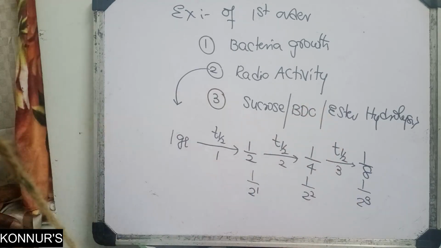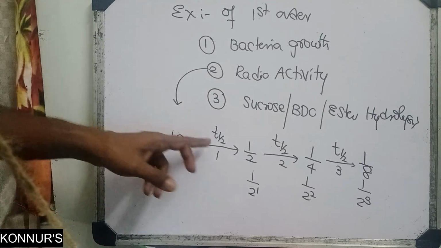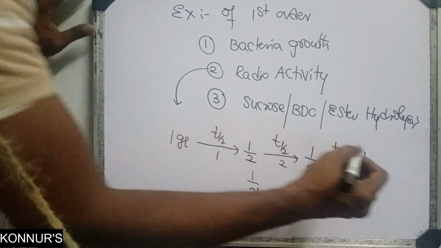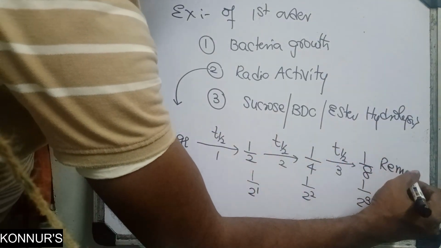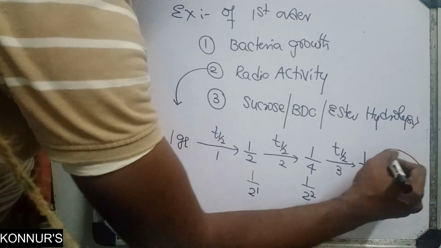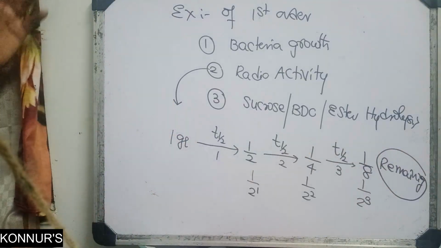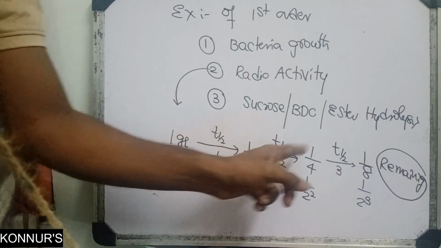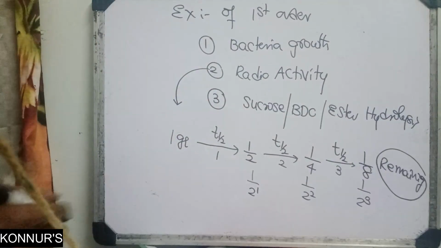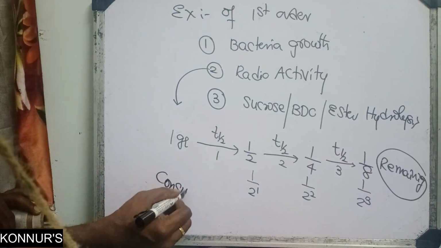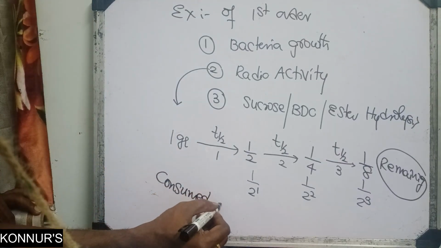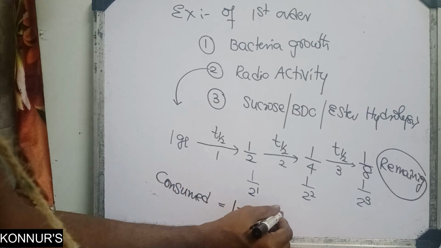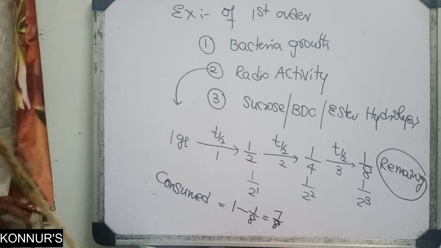In radioactivity they will ask: after 3 t halves, how much amount is remaining? That means 1 by 8 is remaining. How much is consumed? Consumed means 1 minus 1 by 8, that is 7 by 8.